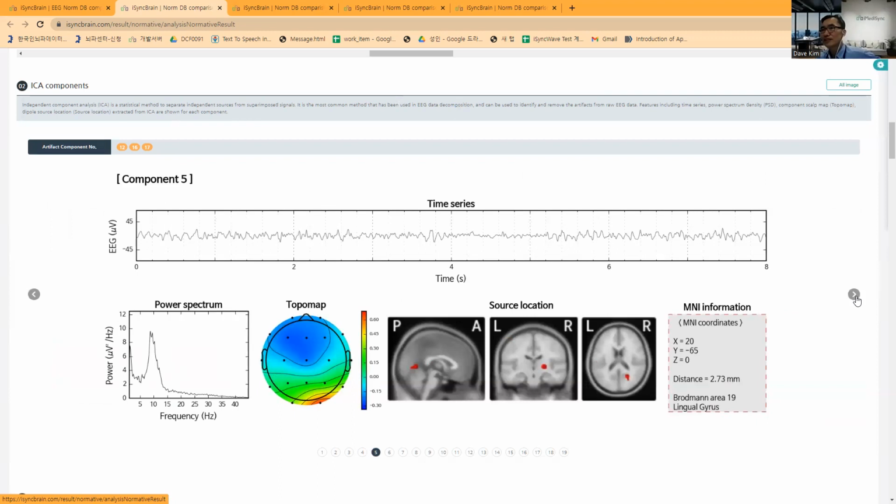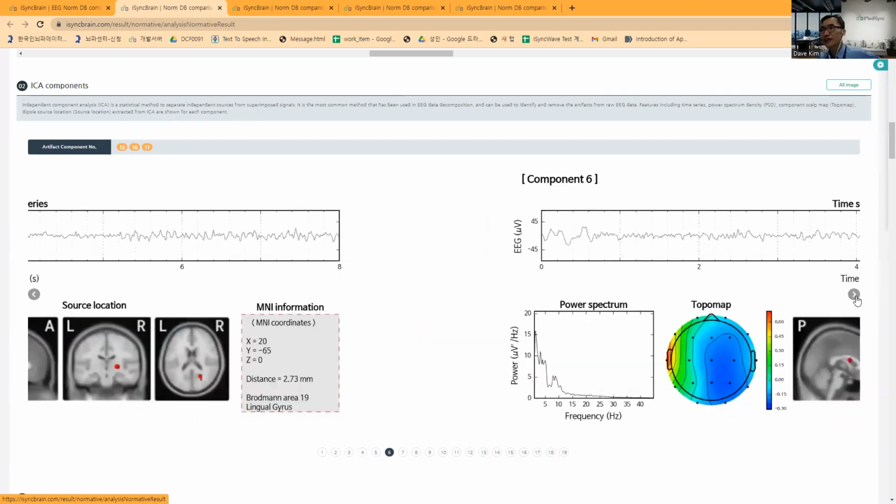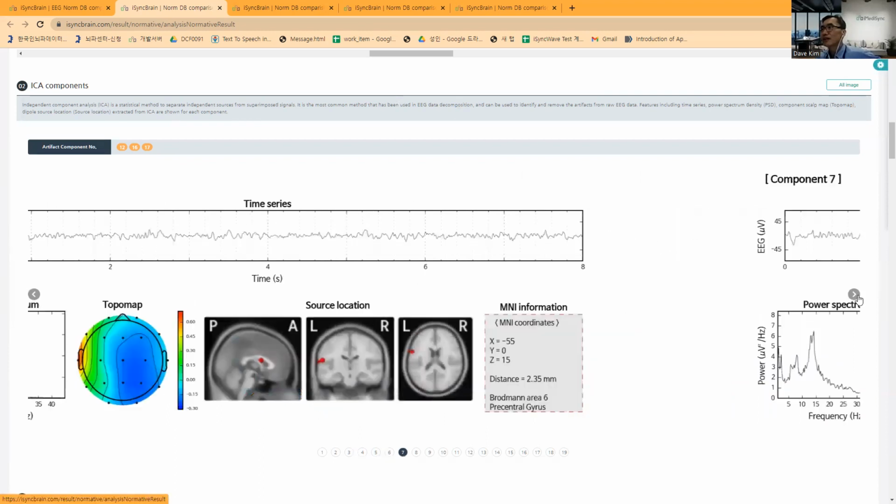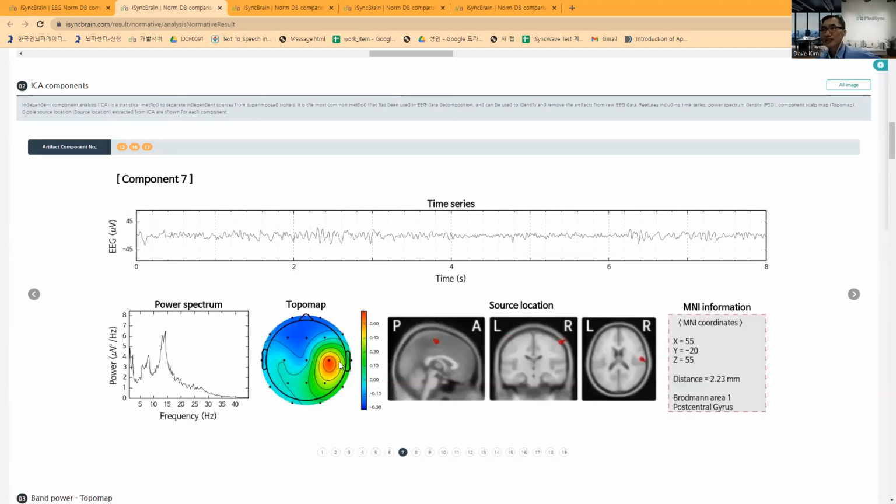This is the lingual-generated alpha activity, and another slow wave activity coming from the precentral area. And another SMR activity here, and slow activity. This slow activity and SMR activity combine together to delay her cognitive decline.